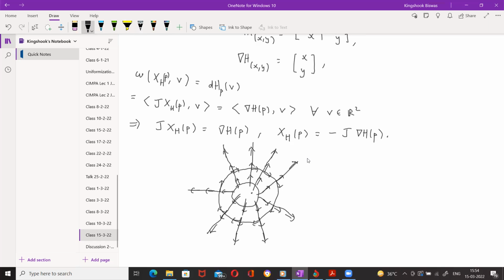And the difference is coming from the fact that the gradient vector field is coming from a symmetric bilinear form duality, and the Hamiltonian vector field is coming from an alternating bilinear form duality, right? So gradient flows are what we call dissipative in dynamics. Where will a gradient flow tend to in infinity?